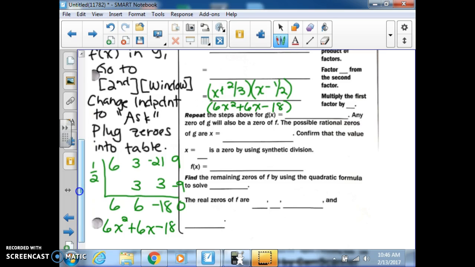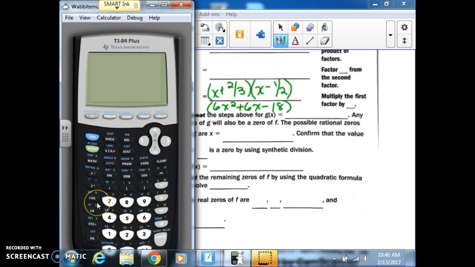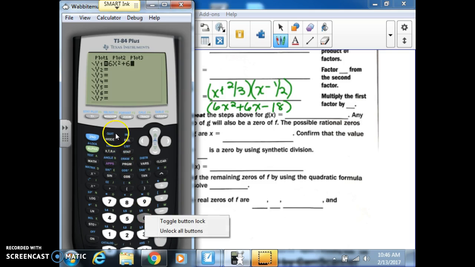So we can pull that up in our calculator. But just to make sure, I will show you guys. So let's clear this out. You have 6x squared plus 6x minus 18.